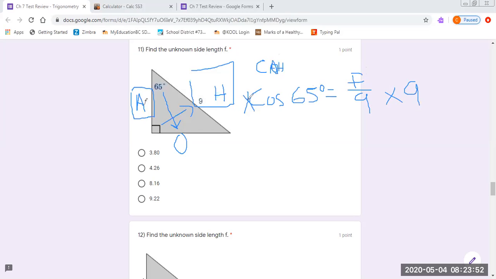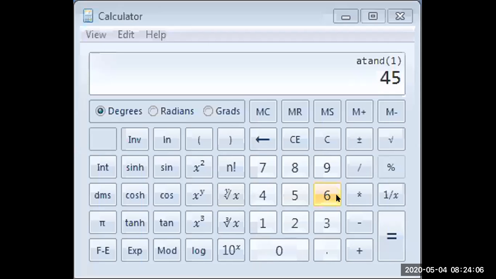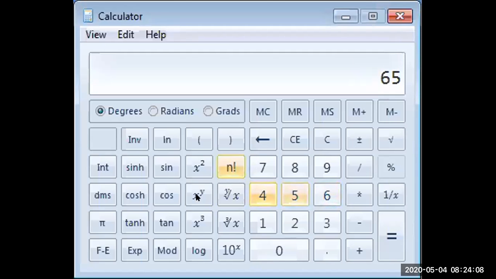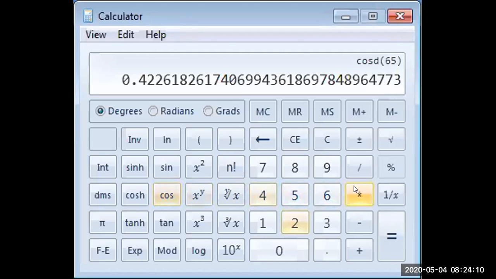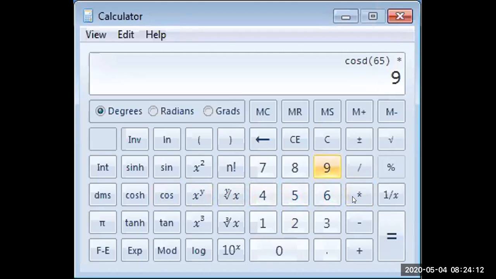I just need to multiply both these sides by 9. This cancels the 9s out here, so I'm left with f by itself all over there. And so it's just 9 times cosine of 65, which is what I need to plug into my calculator. So in here, I can plug in the 65-degree cosine first, and then multiply by 9 to get my answer.